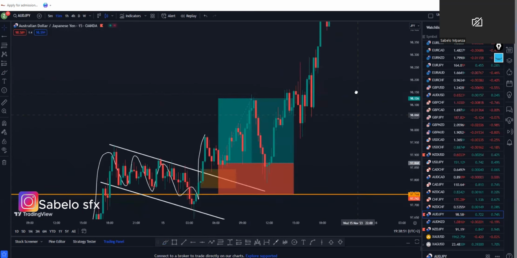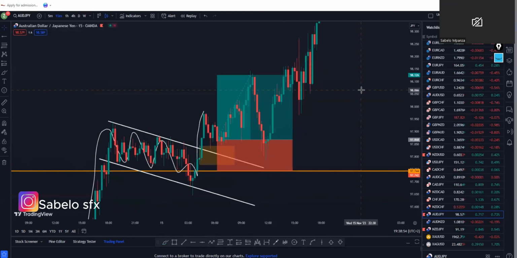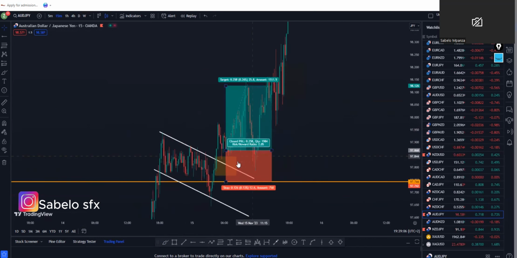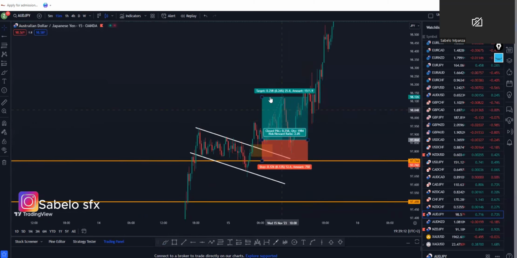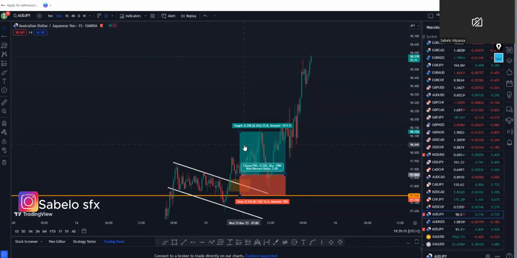The strength meter is telling me the direction, and then I come to my TradingView to look for potential entry zones, stop losses and take profits. I waited for a break and then a retest, and then I took a buy there, and then the market went in my direction with a target of 1:2.